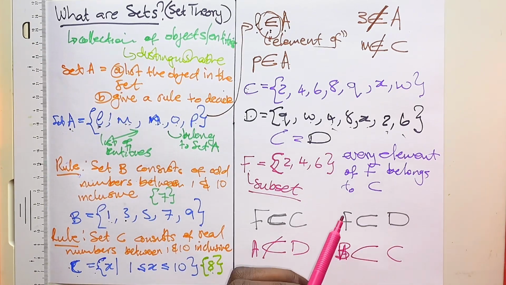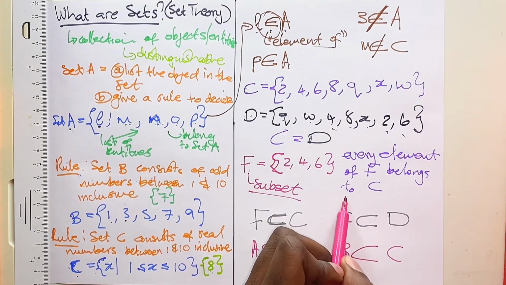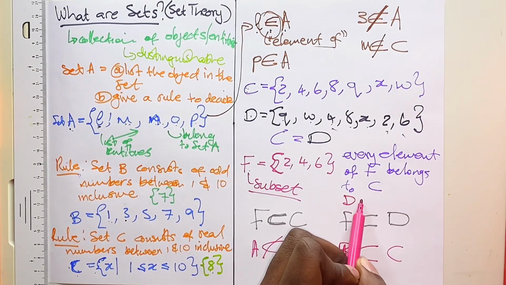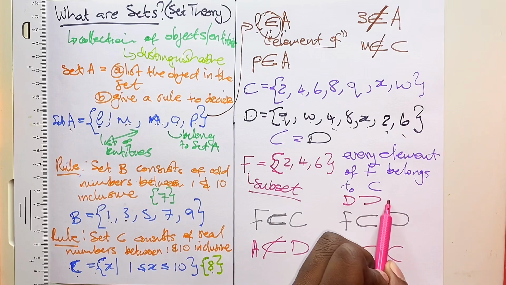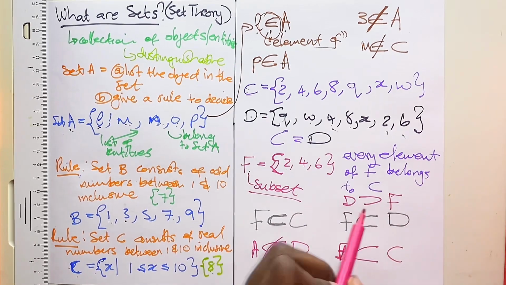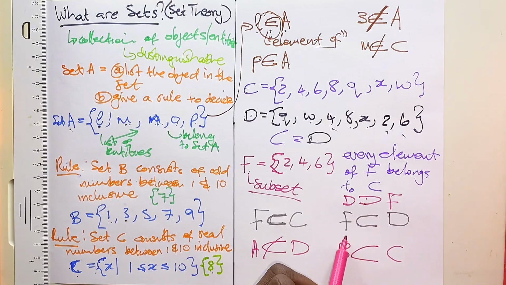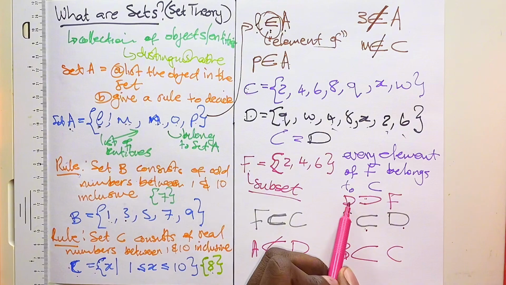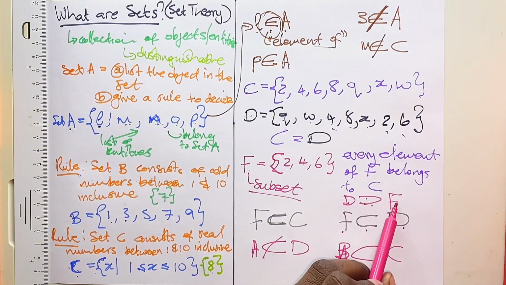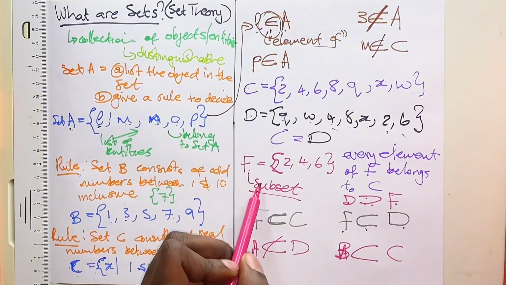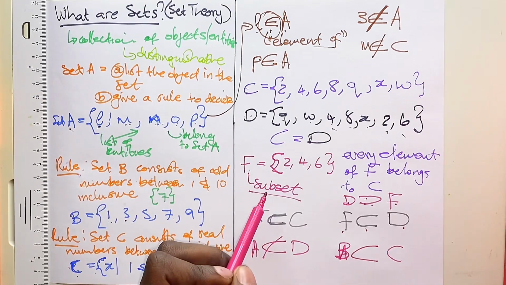You can always twist it around and say D contains F. Different notation, but they mean the same thing. F is a subset of D, and D contains F, and that's what sets and subsets are.